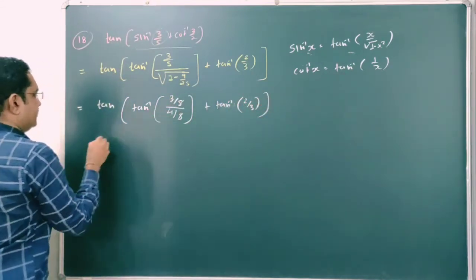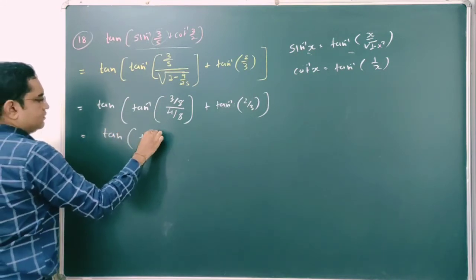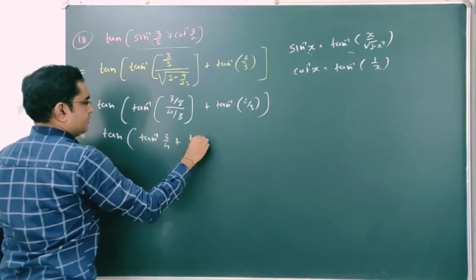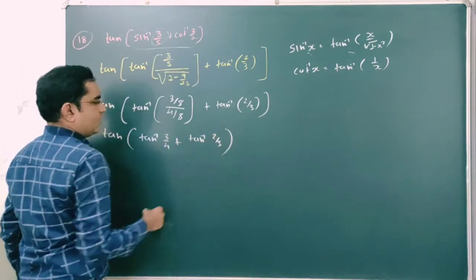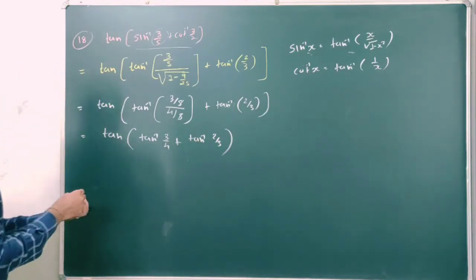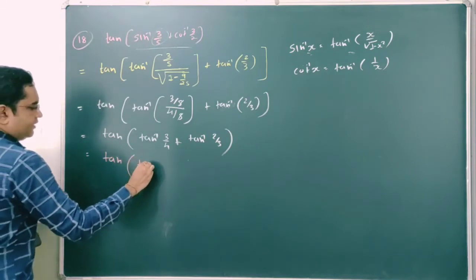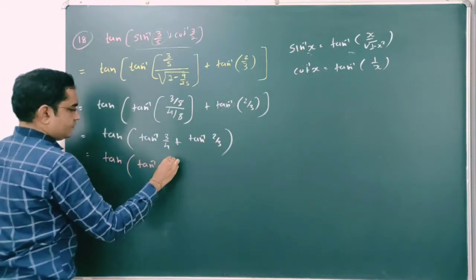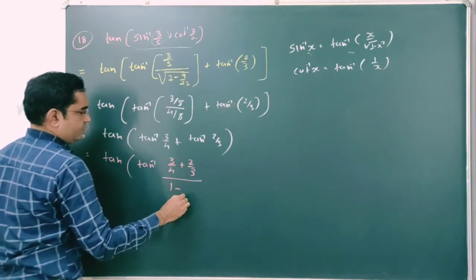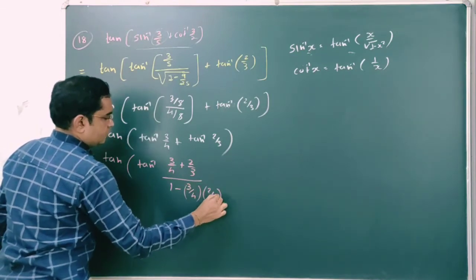So here 5 cuts, so this is equal to tan of tan inverse 3 by 4 plus tan inverse 2 by 3. So again the formula: tan inverse x plus tan inverse y can be solved as tan inverse of 3 by 4 plus 2 by 3 upon 1 minus 3 by 4 into 2 by 3.